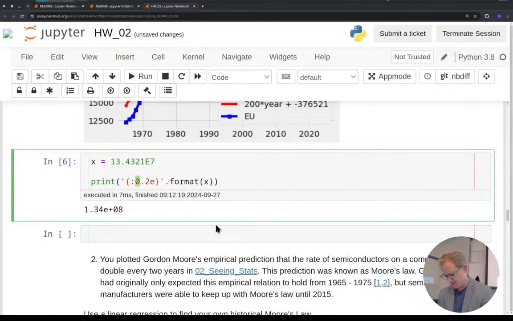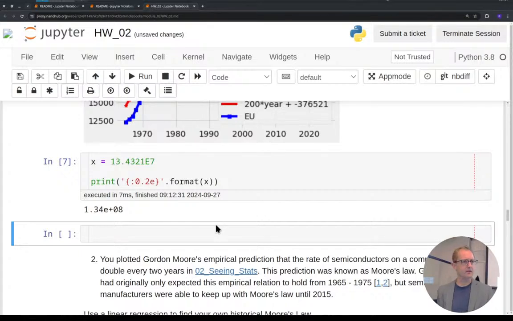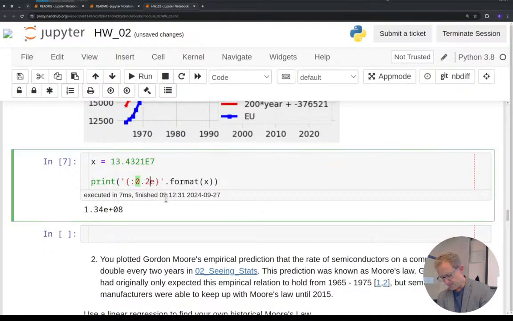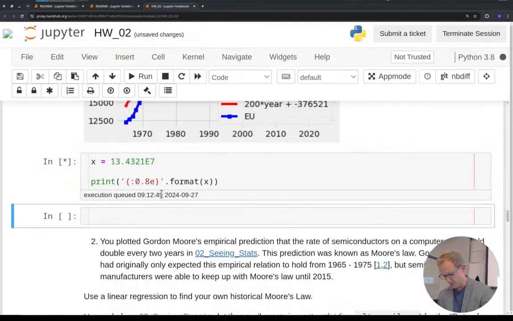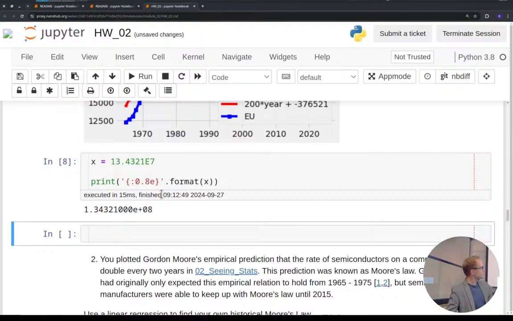I think 0 is the default: if you put nothing or 0, it takes up as much room as it needs on this side of the decimal. And the right side of the decimal tells you how much space you want on that side. 8 is going to use up all those floating point ones. Gotcha. Cool. Thank you.